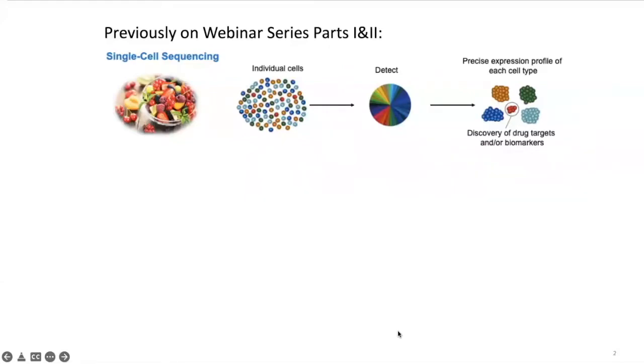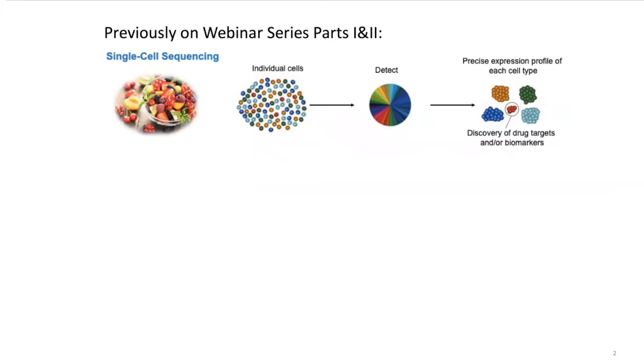Okay, so I stole this slide from my colleague, and you saw this already if you had followed parts 1 and 2, especially 2. If you don't remember this, then you are not paying attention. This is a big difference between bulk RNA sequencing, if you have done it before, and single cell RNA sequencing.